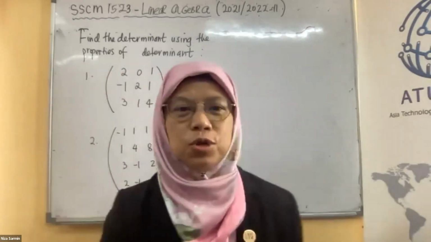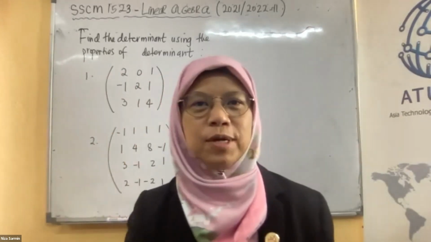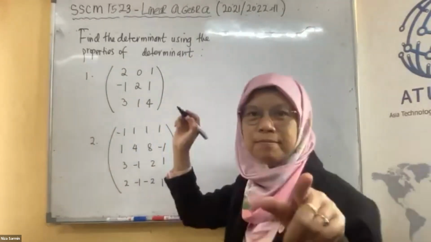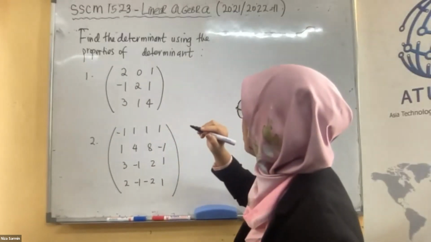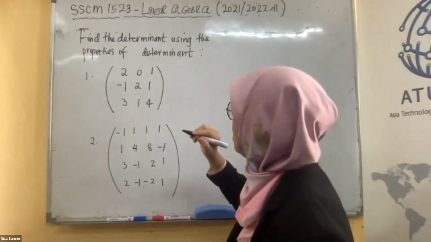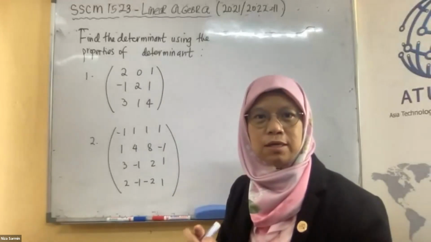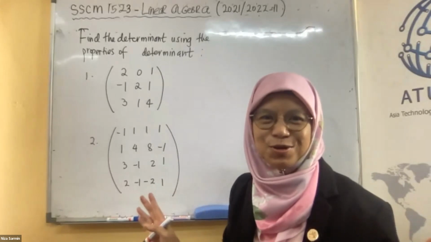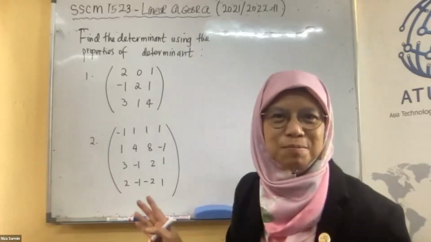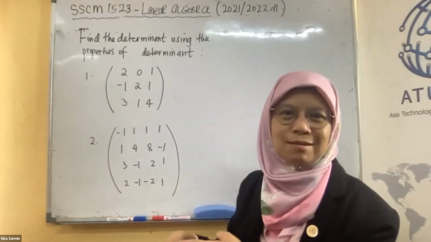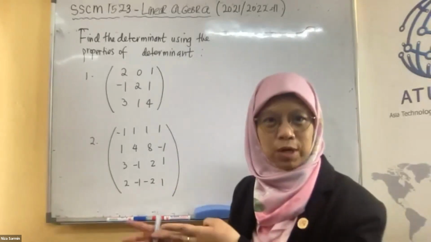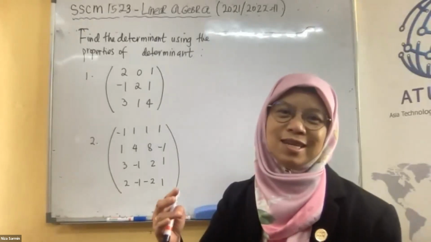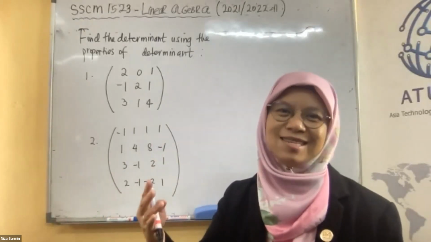Okay, which property do you want to use? Anyone? Let's see whether there are any same rows. No same rows, no same columns, not diagonal. So we probably have to use row operations because we cannot use the expansion formula and others.